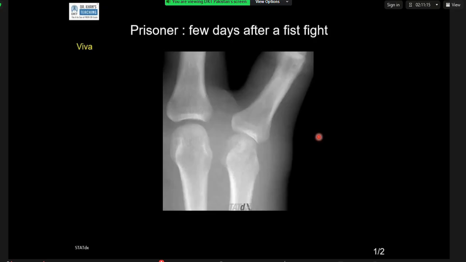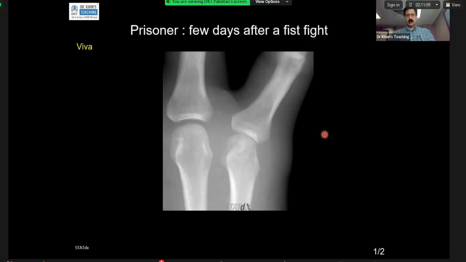Okay, so yeah, that's fine. So this is the fifth metacarpophalangeal joint. You did well. The point to remember is that this is what we call indirectly a human bite, from a fist fight.